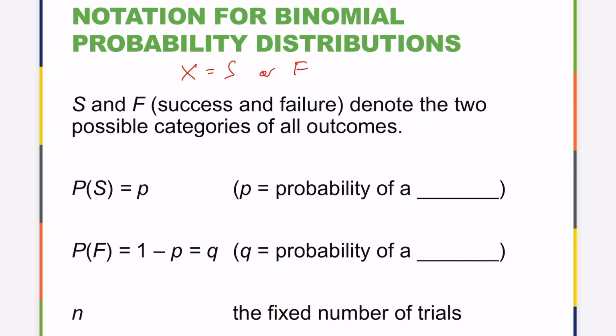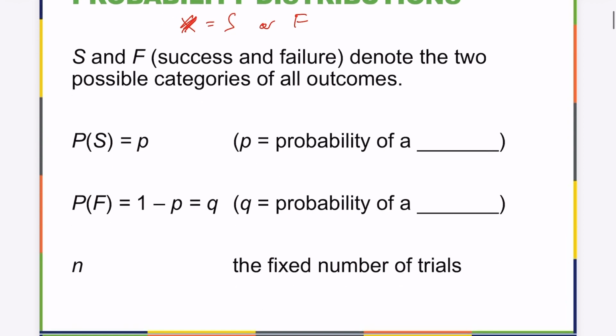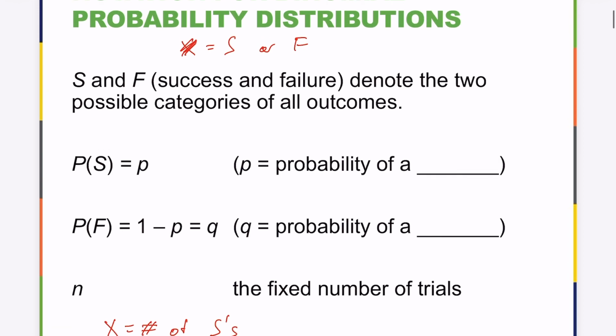You're thinking, well, this isn't a binomial. Okay, so S and F, that's not exactly the random variable though. The random variable is the number of S's. So X equals the number of S's, all right?